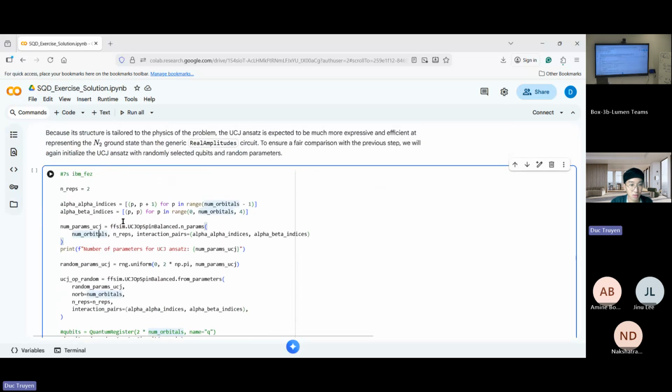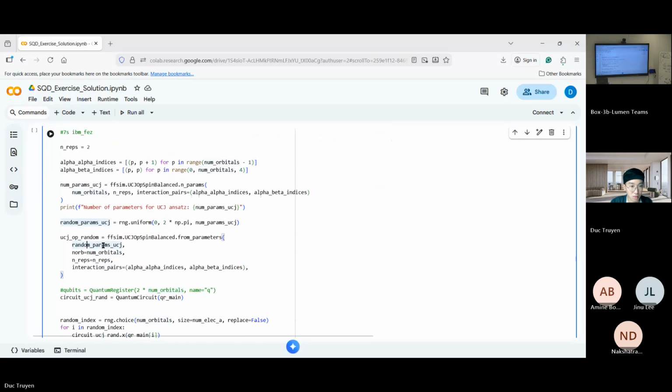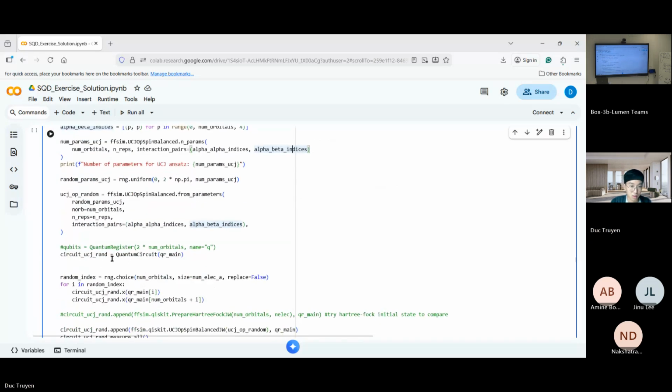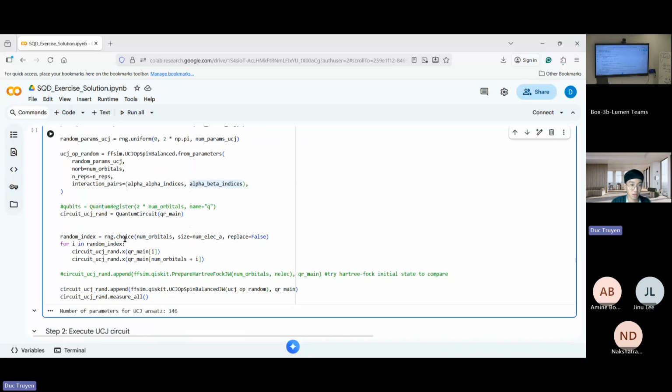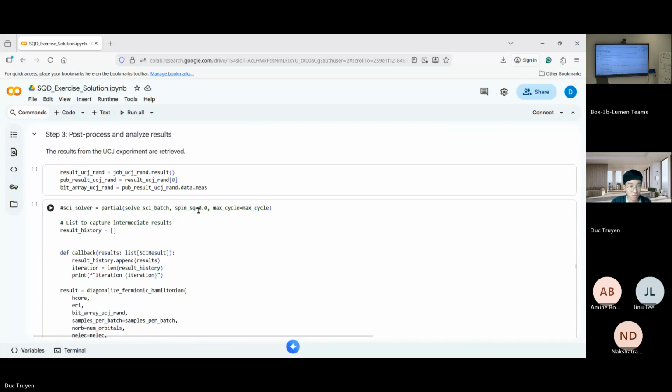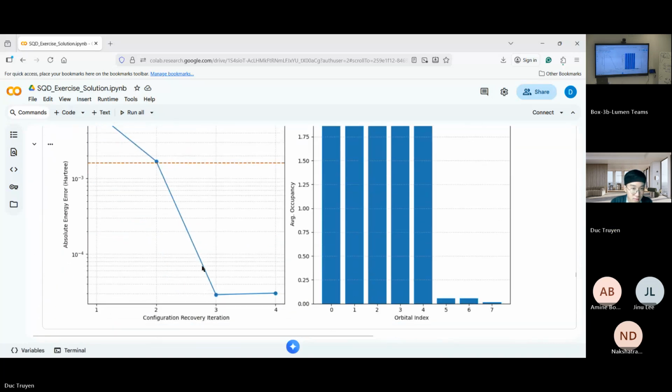So as you see here, we need to fit in the number of orbitals and interaction pairs of our Hamiltonian, like the electron up and down index, and we construct the unitary cluster ansatz from these code lines and execute. We will see a relatively better one.